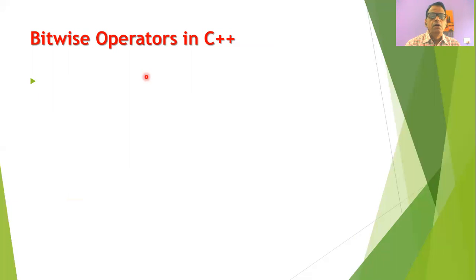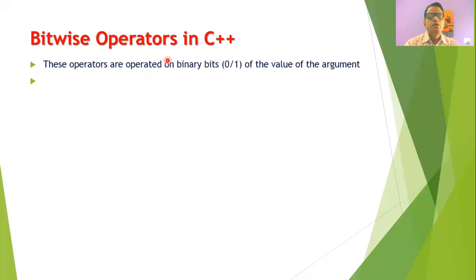Now, there is another type of operators, called the bitwise operators in C++. The bitwise operators operate on binary bits. We know that whenever we store any form of data in computer memory, this data is stored in the form of 0 and 1.